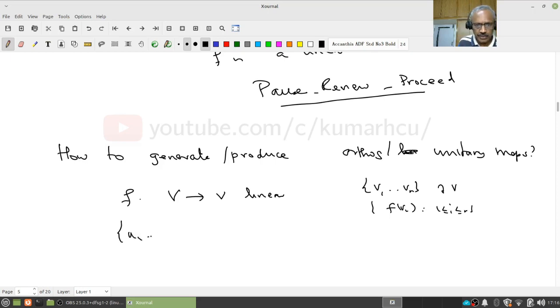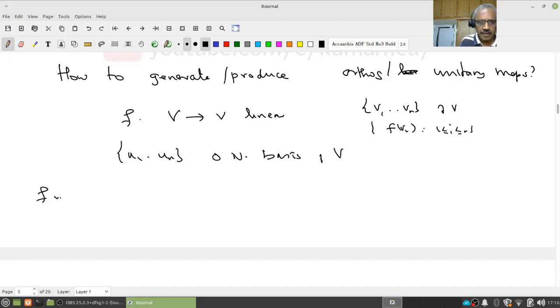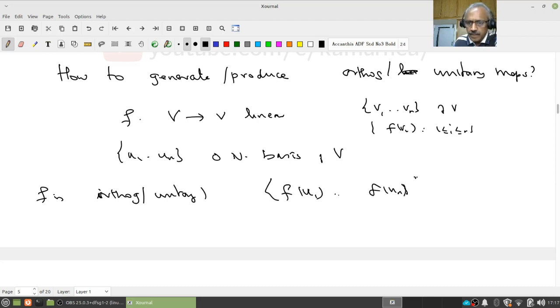Suppose u1, u2, ..., un is an orthonormal basis, and suppose f is inner product preserving, that is orthogonal or unitary. Notice that it does not matter what the field is for this. Then what do I know about f of u1, ..., f of un? Remember, if it's inner product preserving, it's a 1-1 map.